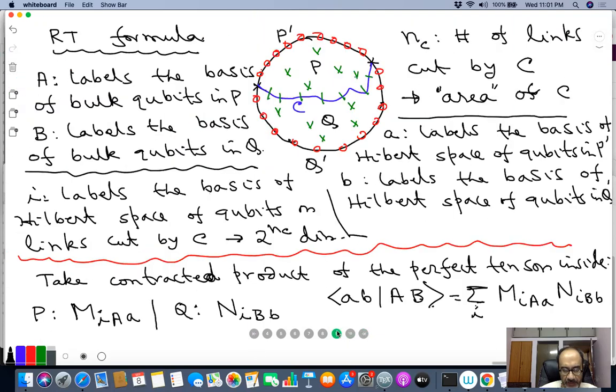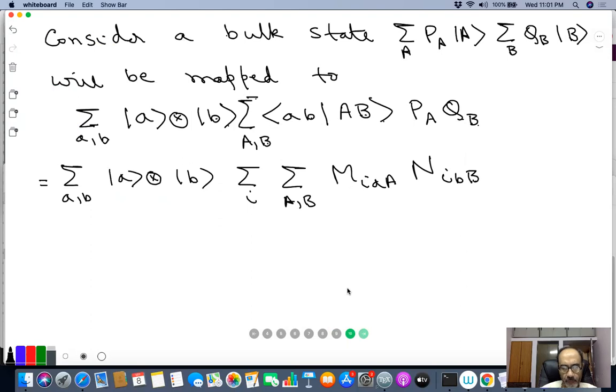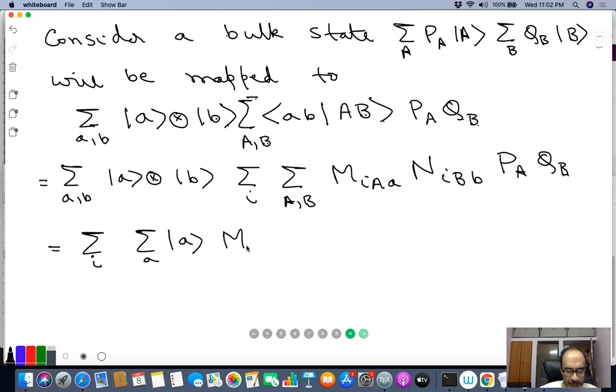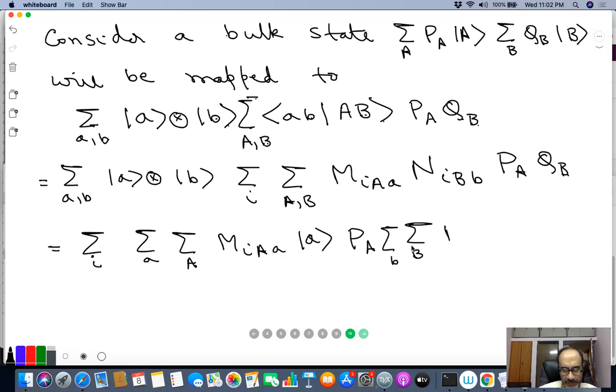I wrote it the other way, right? So this I can write as a sum over I, then sum over A times A. I just rearrange the sum.